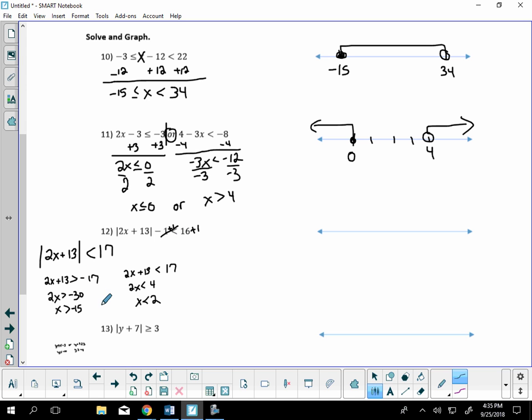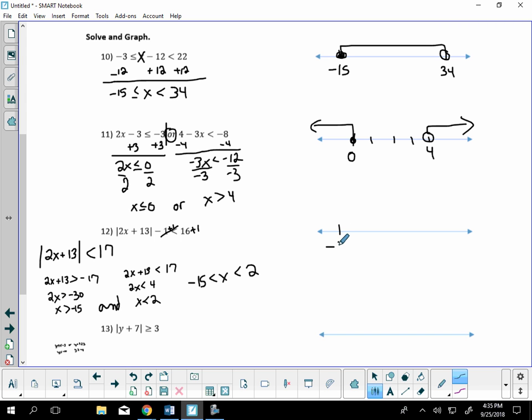I started with a less than, and I should put the word and in between. I can leave it like this, but the better way to do it is negative 15 is less than x is less than 2. So all I did was I rewrote those as 1.